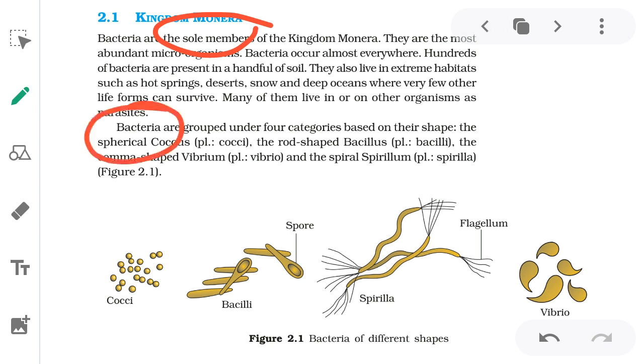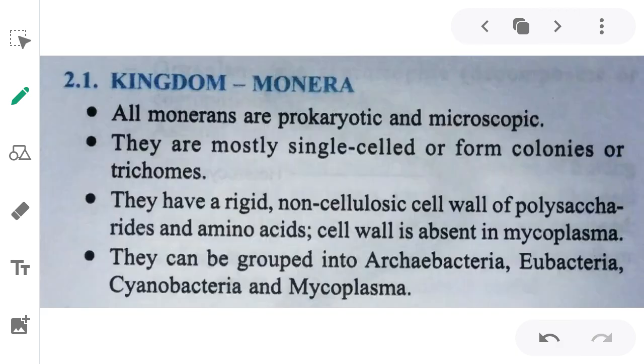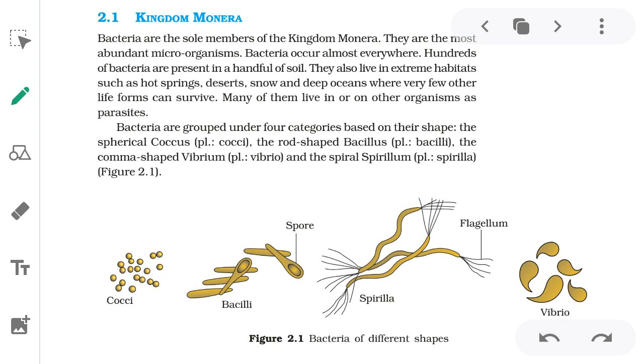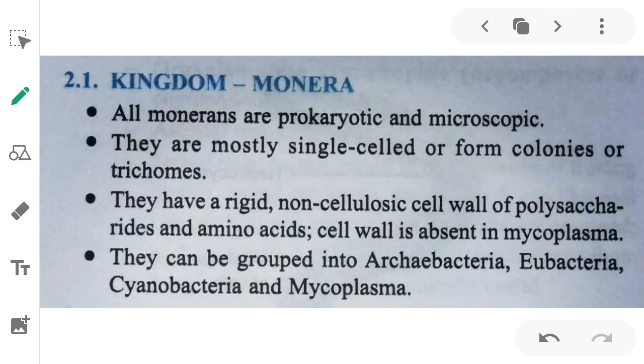You know very well about bacteria. So what are the characteristics of the Monera kingdom? This is the picture from your NCERT books, I have just taken it from there. If you are getting it properly, you can learn this, you can study this.